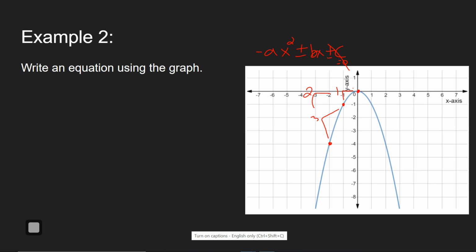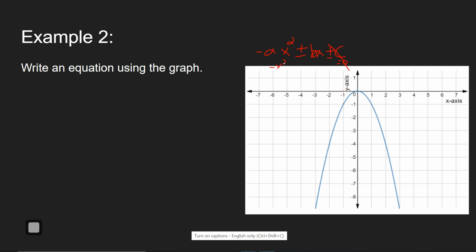Now hear me out. It helps to verify that there's this change in y, but if I want to know what a equals, negative 1 squared is 1. So how do I get negative 1 as a result? I have to take negative x squared.